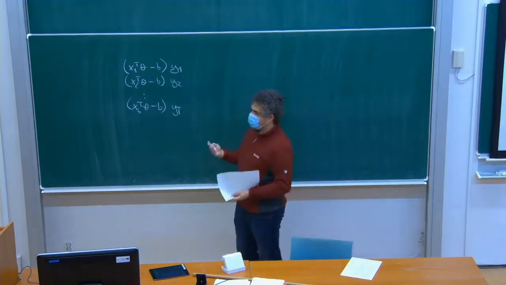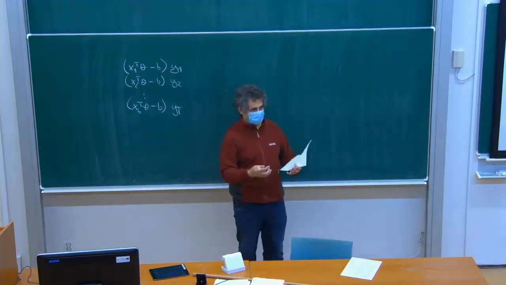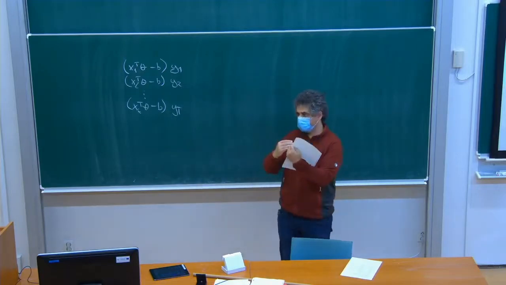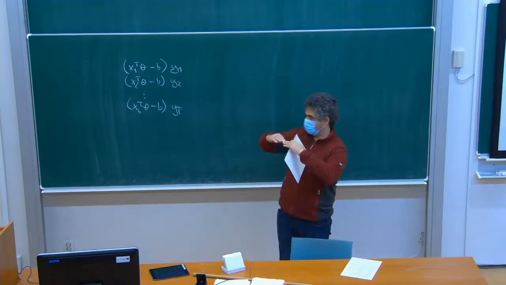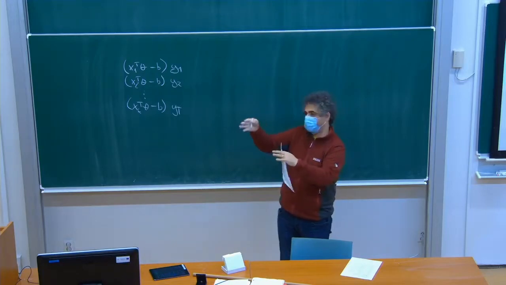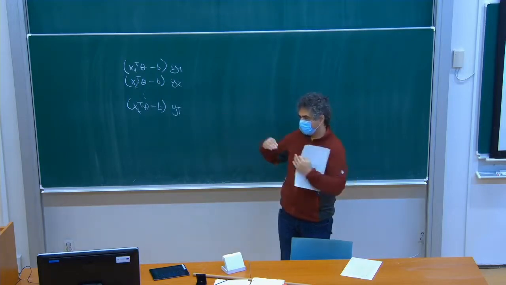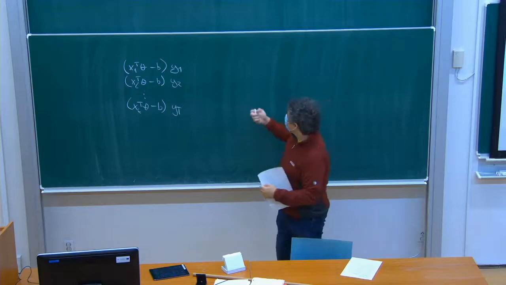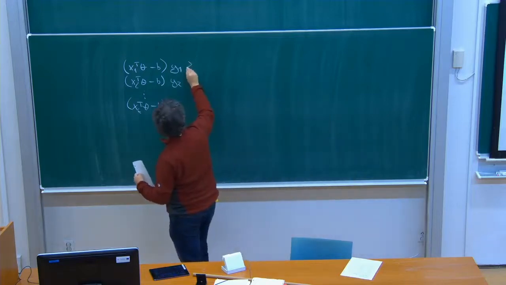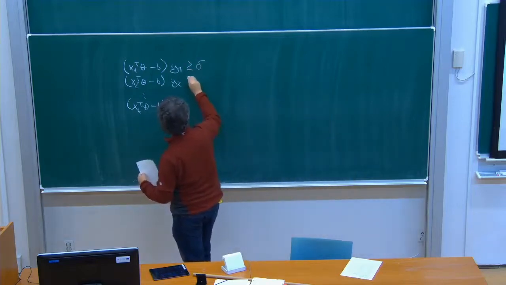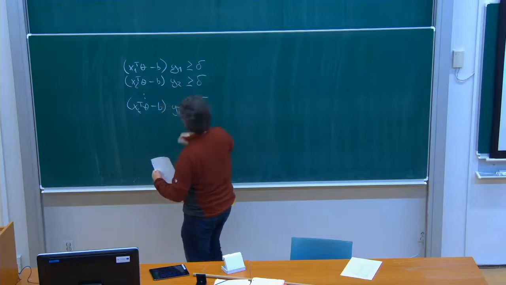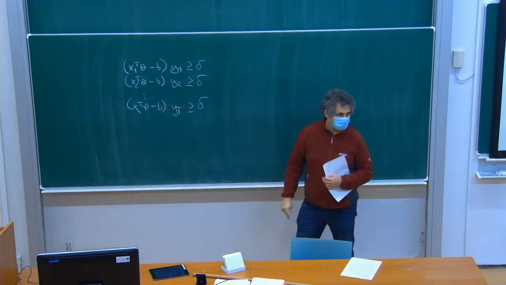I want some kind of constant that tells you I'm at least that much from 0. This can be as low as you wish, but it has to be something greater than 0. So I will introduce something called delta, and I will say all of those should be greater or equal than some delta.